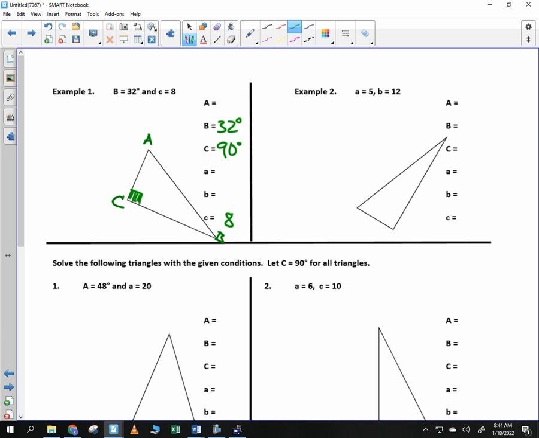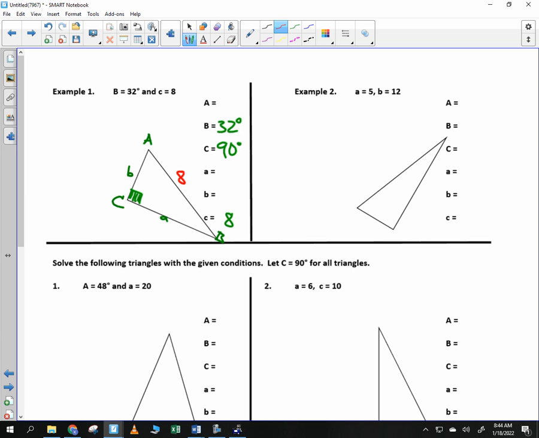Side C goes across from angle C. Side A goes across from angle A. And side B goes across from angle B. Now, which one of these sides do you know? Yep, C is 8. So I'm going to write 8.